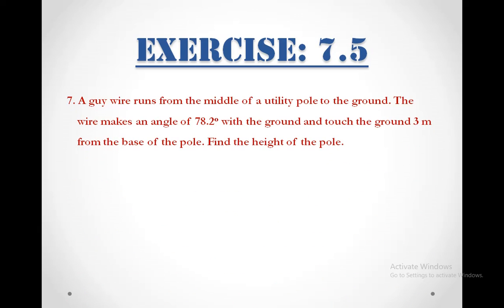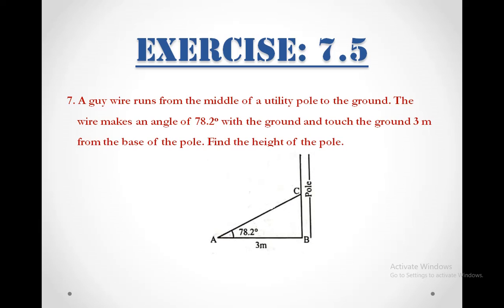Statement says a guy wire. Students, you must know guy wire means supporting wire that runs from the middle of a utility pole to the ground. The wire makes an angle of 78.2 degree with the ground and touches the ground 3 meter from the base of the pole. Find the height of the pole.